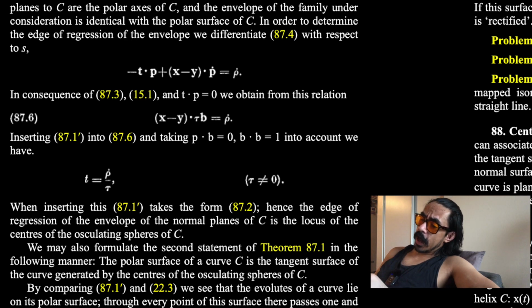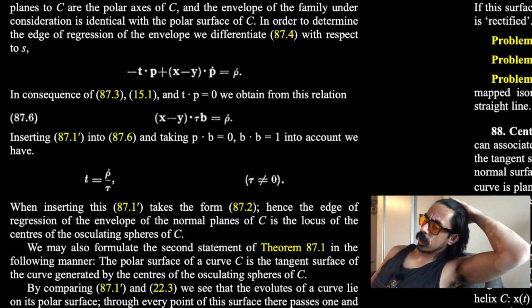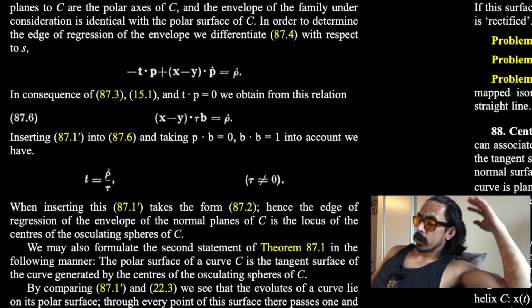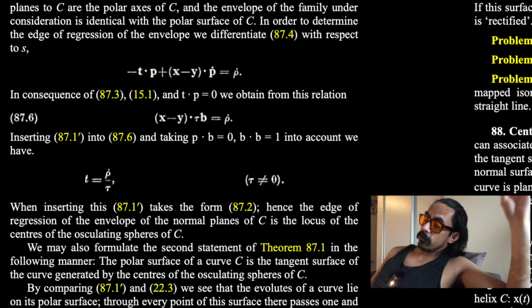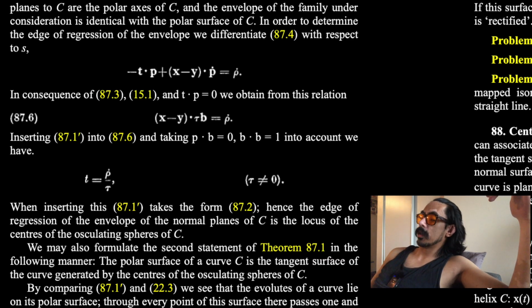In order to determine the edge of regression of the envelope, we differentiate the relation x minus y scalar product with vector p equals rho with respect to s. So we have the negative of the scalar product of t with p, both being vectors of course, plus vector x minus vector y scalar product with vector p dot, and that equals rho dot altogether.